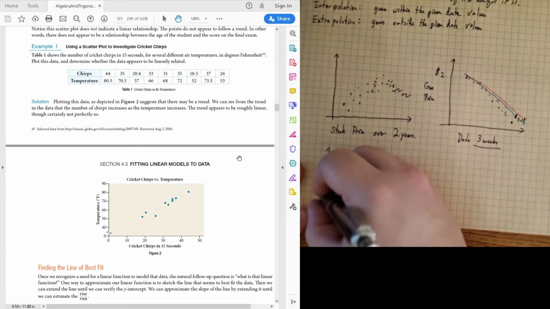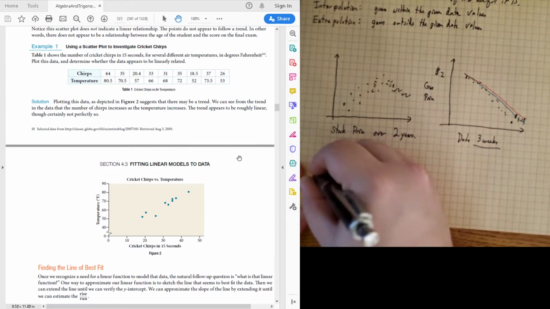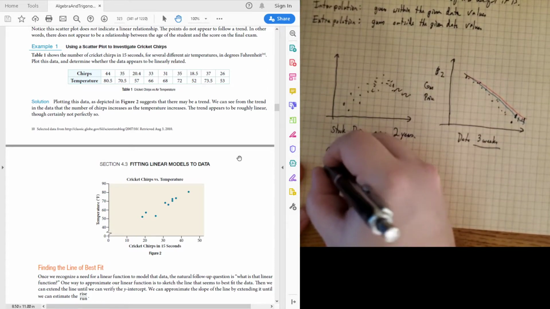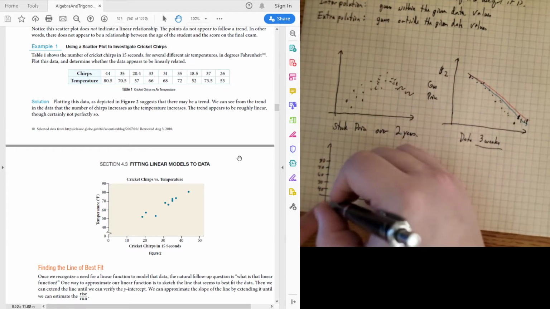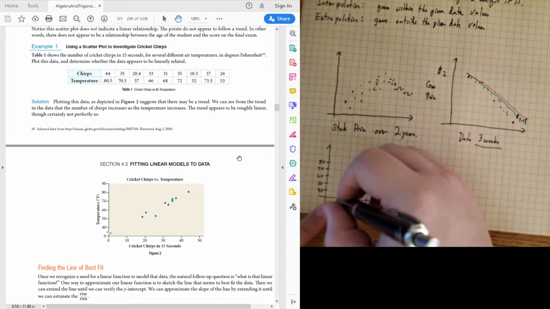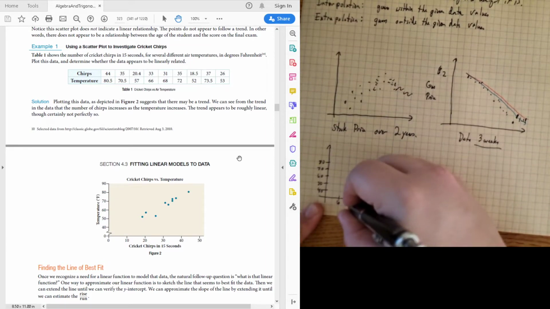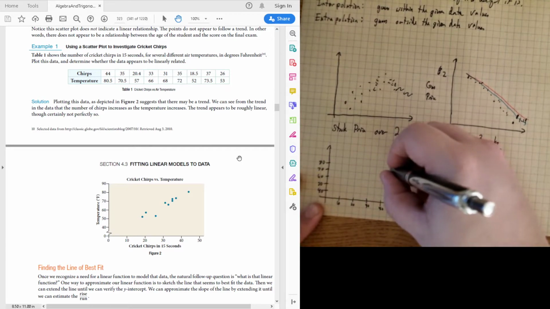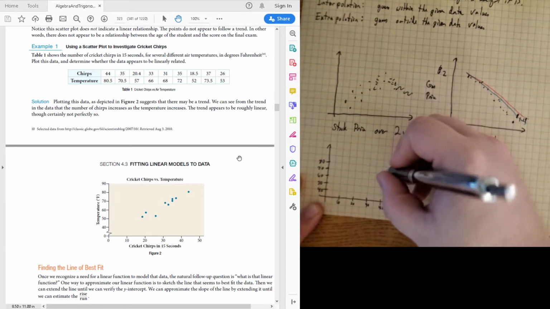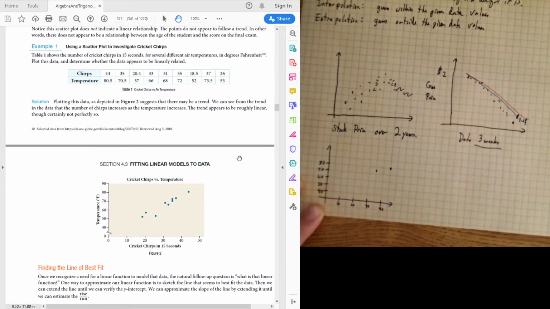And then we got, starting at 40, 50, 60, 70, 80. And let's grab some points here. We have the point 44 chirps at 80 degrees, so 10, 20, 30, 40. So we got 44 at 80, so that's a dot right there. We got 35 at 70.5. I'm using the information from the above table right here.